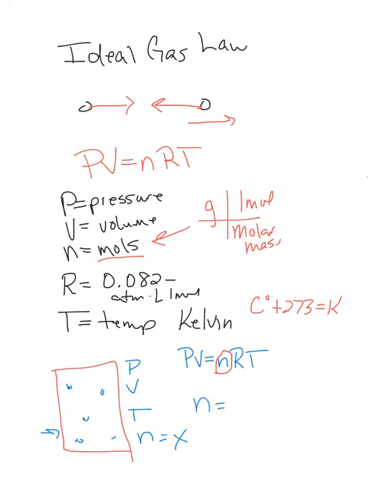Well, if I want to get n by itself, I need to get rid of R and T. So if I'm multiplying R and T times n, to get rid of it, I need to divide by R and T. So now these cancel out, and we're left with n equals PV divided by RT. And you just plug in and solve for n. Being able to manipulate your formulas is key here.